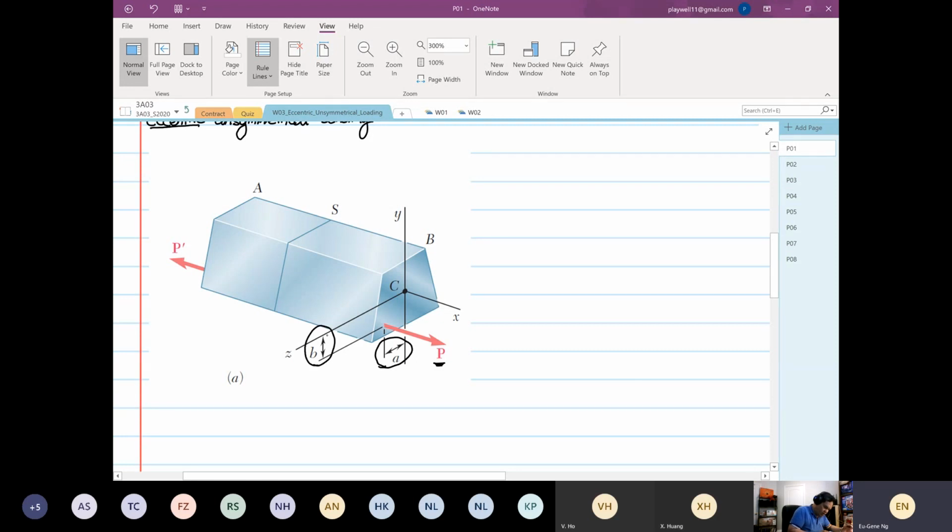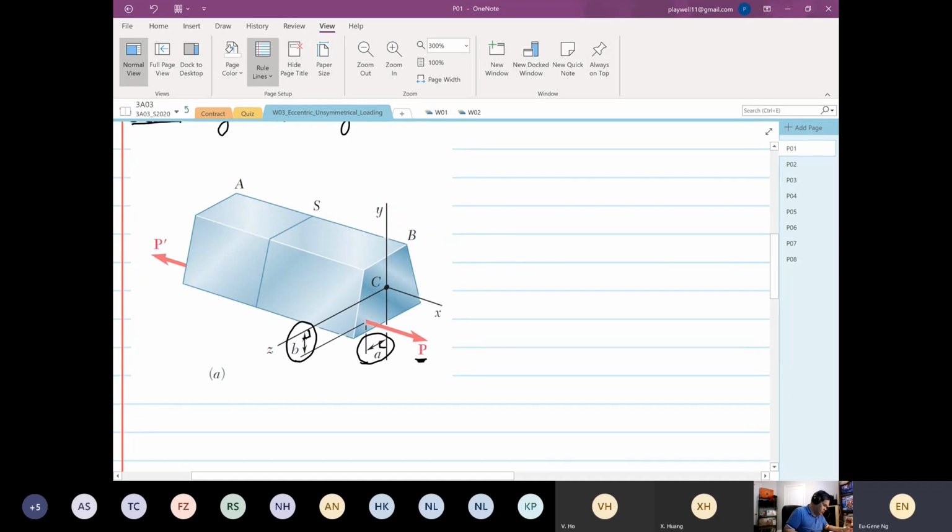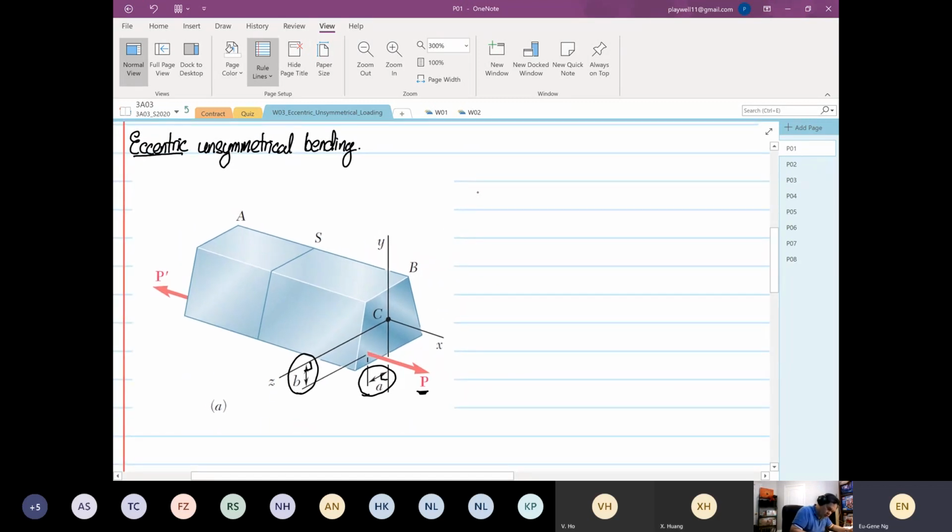As we know, there's a moment whenever the force has a perpendicular distance from the centroid in either the y or z axis. So I want you all to take note that Px is not acting along or on the x-axis. There's an offset of A and B.